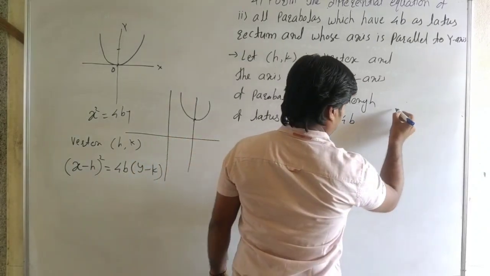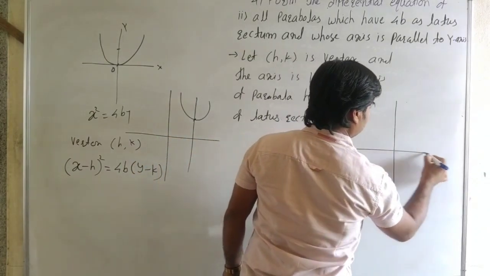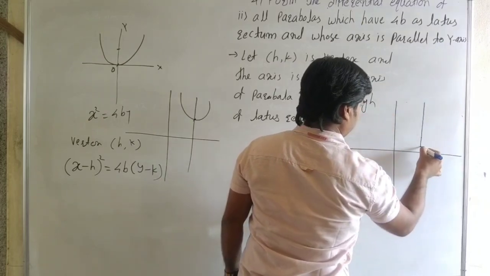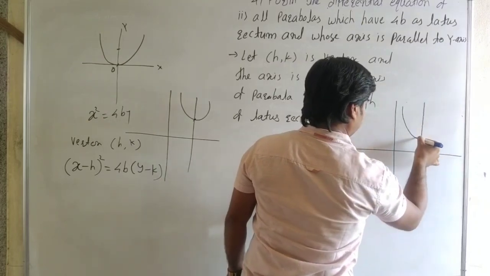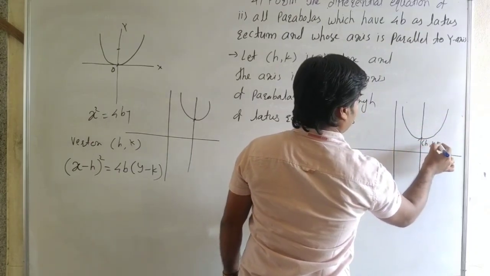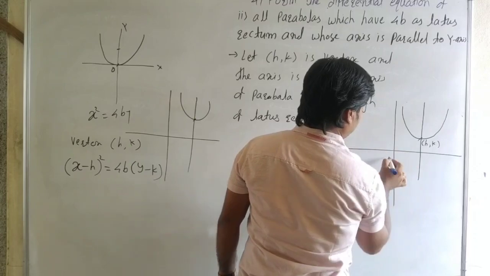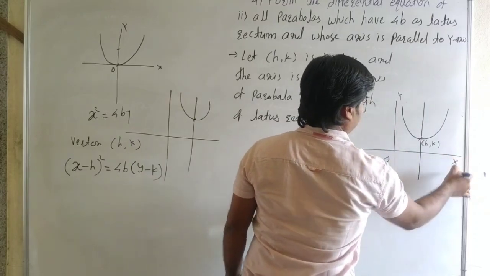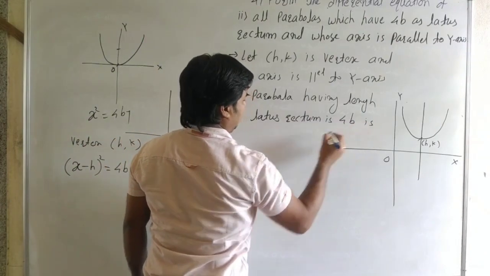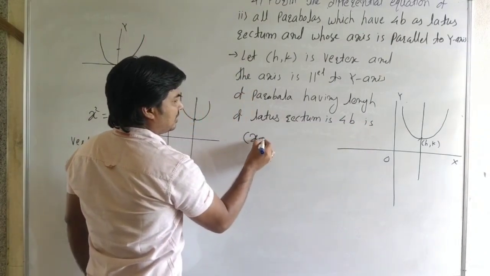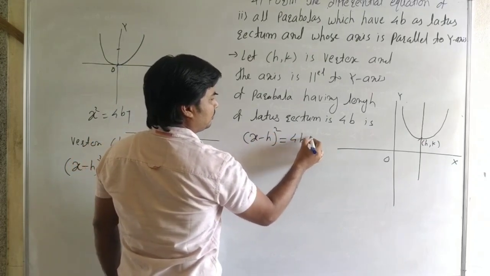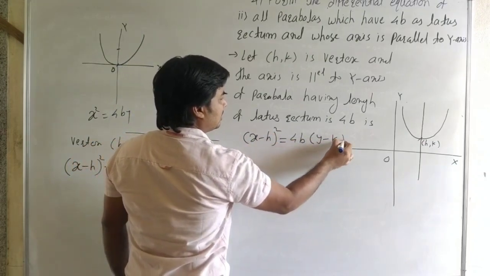See carefully this. It is a parabola. We take the vertex h comma k, and the axis is parallel to the y-axis. Here the equation is (x minus h) whole square is equal to 4b(y minus k).